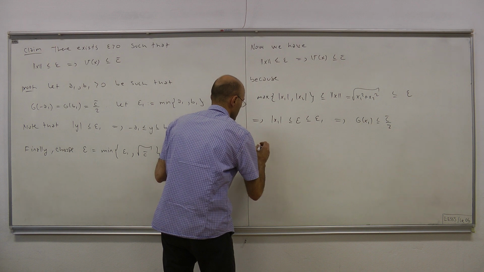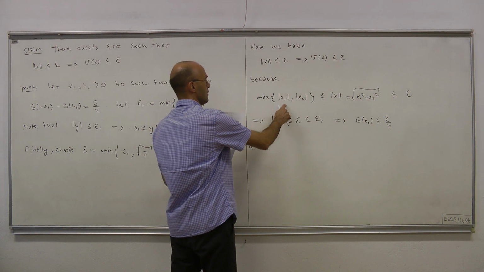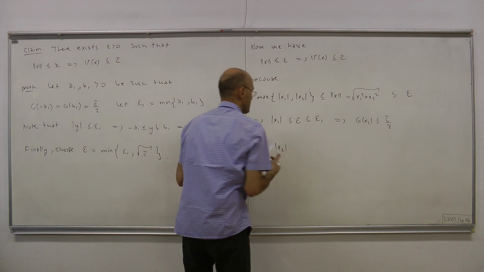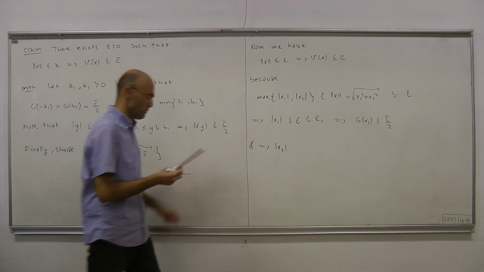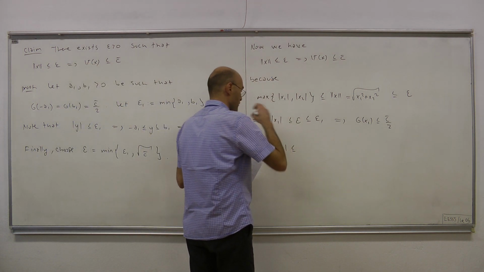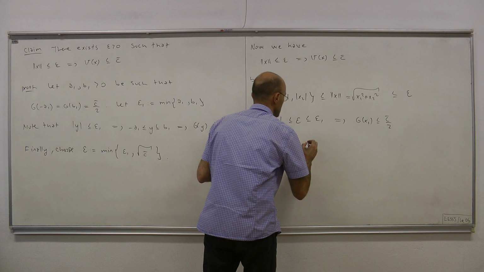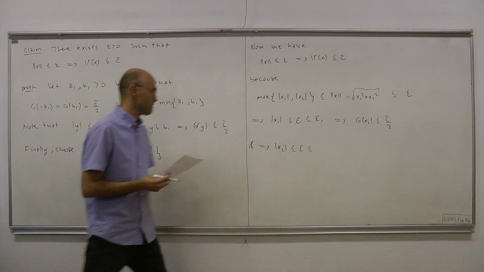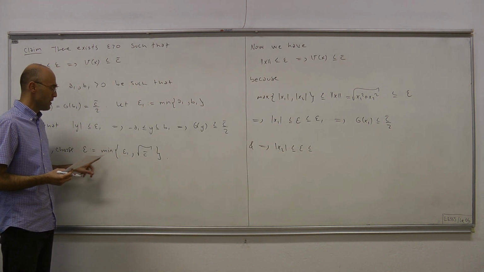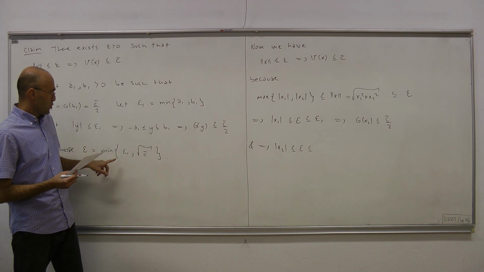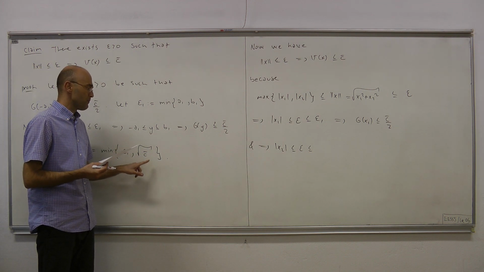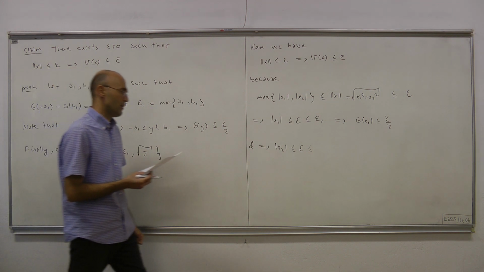And let's talk about the x2 part. x2, or the norm of x2, less than or equal to epsilon means, since epsilon is defined as here, x2 cannot be greater than square root of c bar.